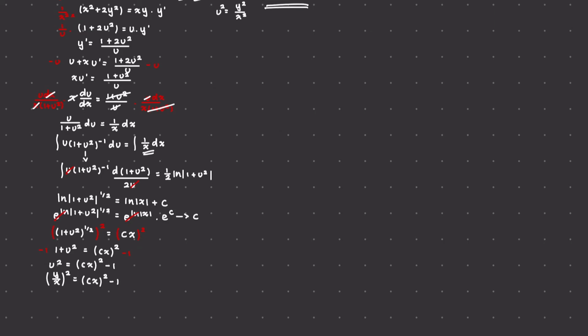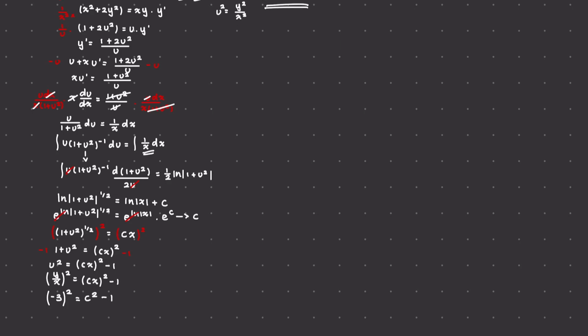And so, substituting in x as negative 1 and y as 3 here, we will get (3 over negative 1) squared, which is negative 3 squared, equals (c times x) squared, where x is negative 1 again, but negative 1 squared is just 1. So this will still be c squared minus 1.